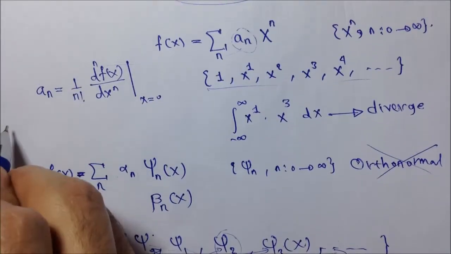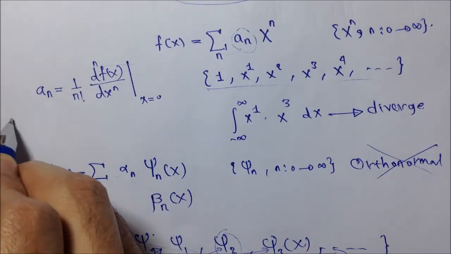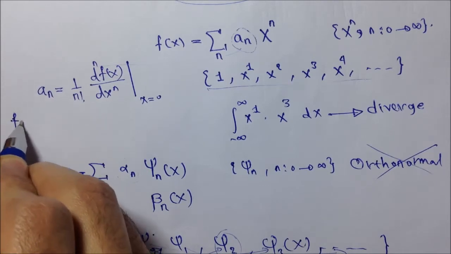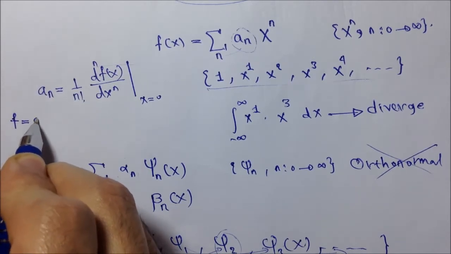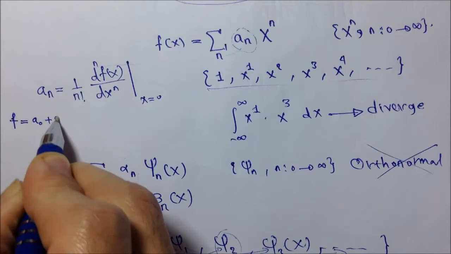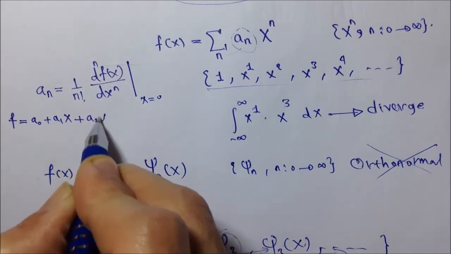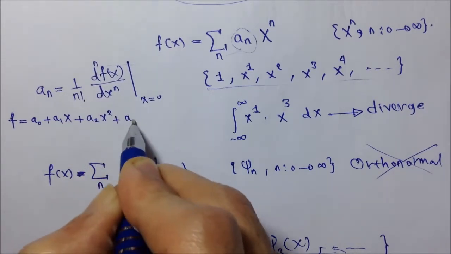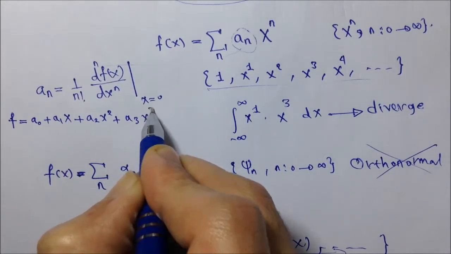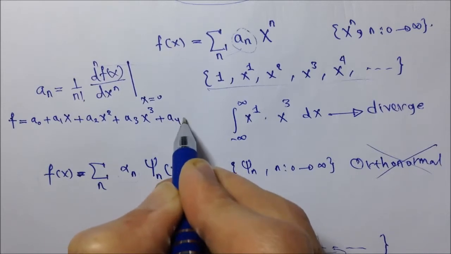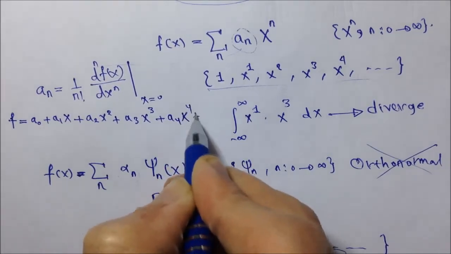And this formula can be simply understood if we took into consideration that we have assumed that f of x is equal to a0 plus a1 times x plus a2 times x squared plus a3 times x to power 3 plus a4 times x to power 4, and so on.